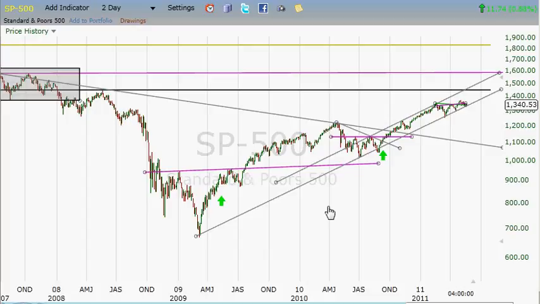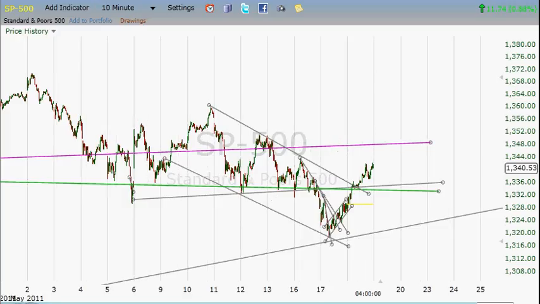And this is what I was talking about a little bit earlier. These last three peaks here, here, and here all lined up pretty nicely, so I figured if we could get over that, then we should have at least some upward momentum. The question, of course, is how far will this go? I don't have this chart handy, but if you look at the S&P futures, you can see there's an inverse head and shoulders in the futures.